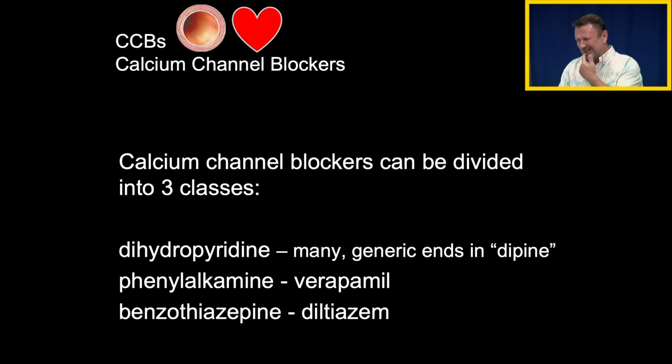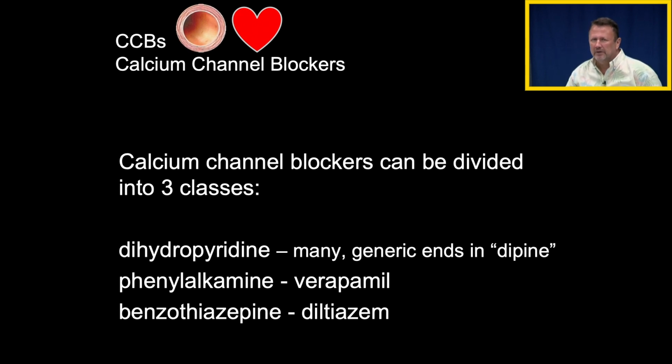We're going to divide the calcium channel blockers into 3 classes: dihydropyridines, generic term ending in dipine the majority of the time, and then verapamil and diltiazem. I want you to know that they're 2 drugs in a class by themselves, whether they're phenylalkylamines or benzothiazepines. I don't use that word much. I know that verapamil and diltiazem are in a class by themselves. They have uses that the dihydropyridines don't have.